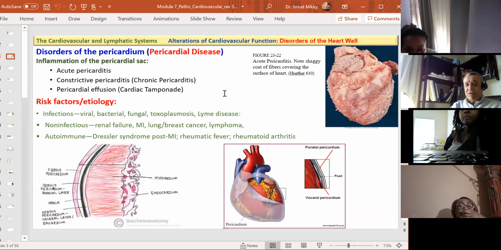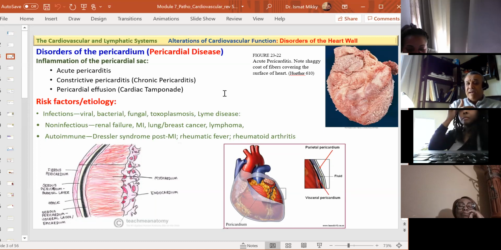Acute pericarditis, or the chronic constrictive one, can result in fluid being collected, not the normal tiny amount of fluid, but an increased amount of fluid being secreted, and that will result in the cardiac tamponade due to that inflammation. So acute or chronic can lead to pericardial effusion, or what is called the cardiac tamponade.